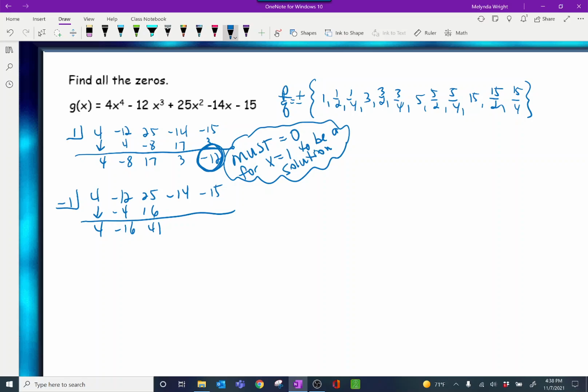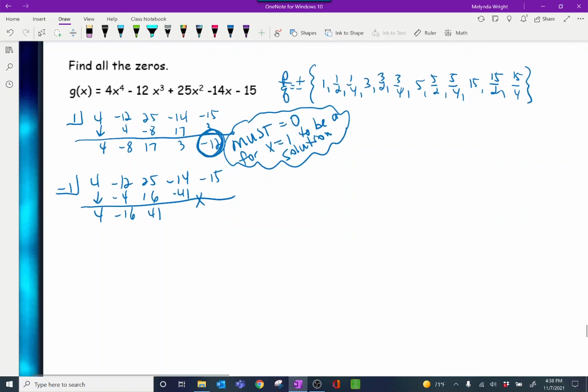Ooh, I don't think this is working out very well. Negative 1 times 41 is negative 41. Oh, there's no way this is going to give me something to turn this to 0. So once I figure out that it's not going to work, I can stop. I don't have to keep going. What I want here is a 0, and there's no way that's going to happen. So, okay, 1 and negative 1 are out.